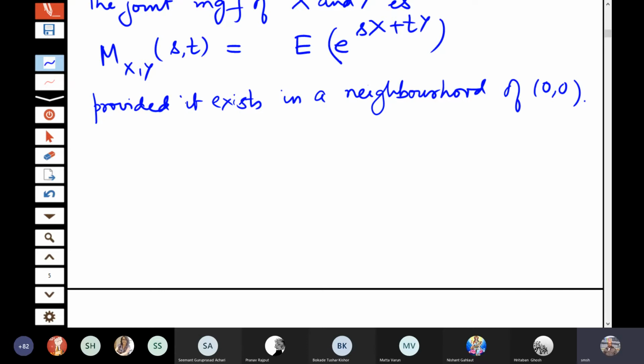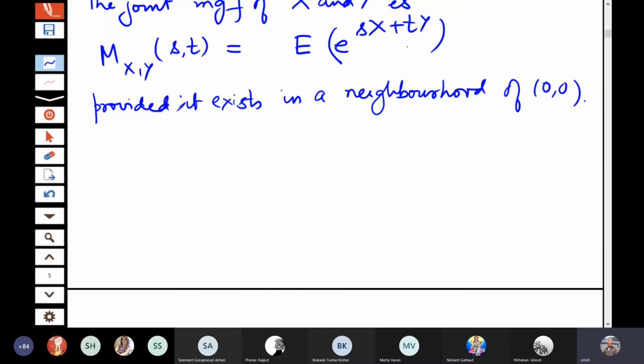And if it exists in a neighborhood of 0, 0, then all the integral order moments, product moments will exist. This expectation of e to the power sx plus ty, you can write as expectation of e to the power sx into e to the power ty.